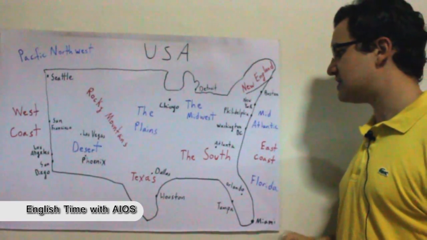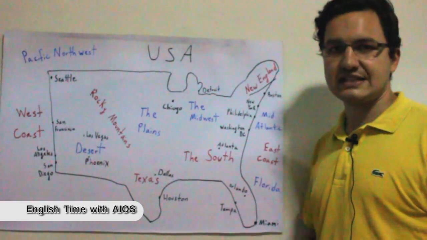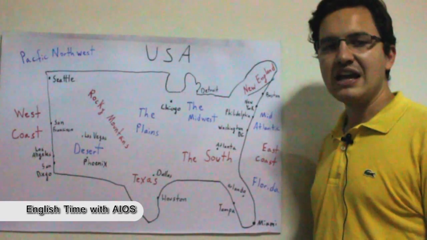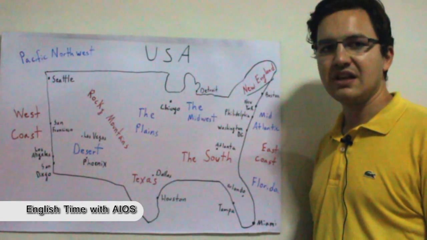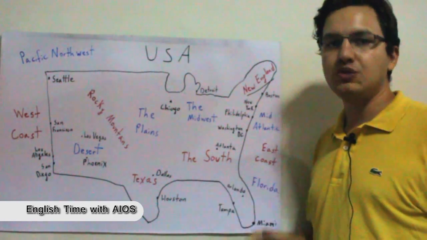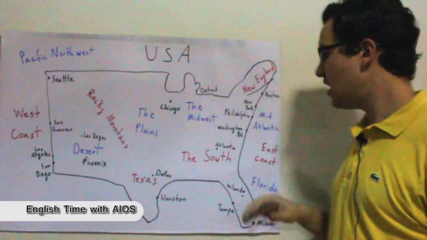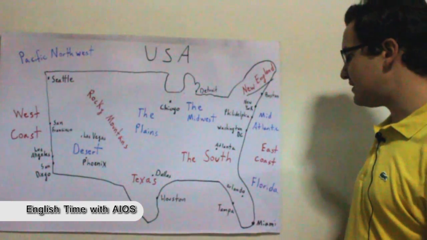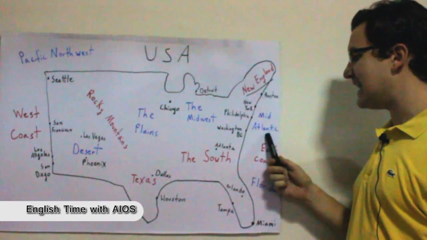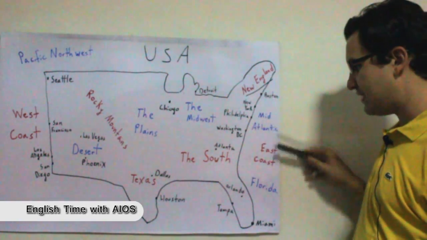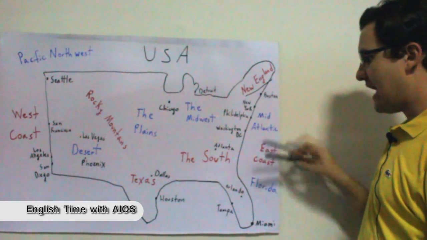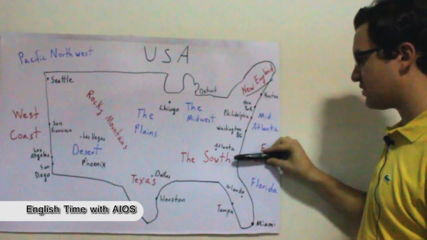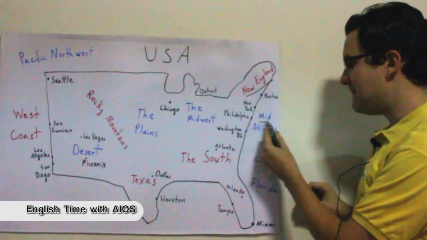These three very large cities are the earliest in the United States and still have a lot of history and a lot of very old businesses. When you leave New England, you come to the mid-Atlantic. This is called the Atlantic Ocean, and it's halfway down the country. That's why it's called mid.